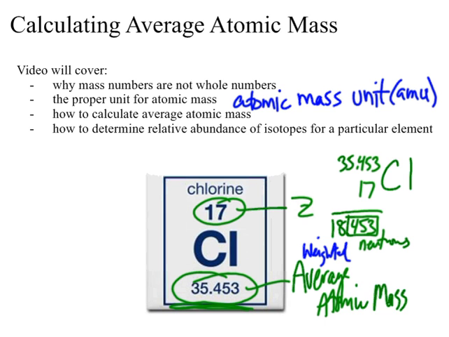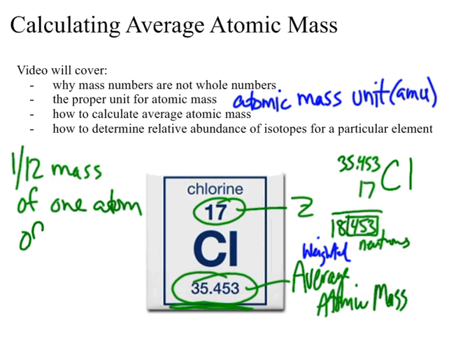And the quantity of an atomic mass unit is 1/12 the mass of one atom of carbon-12.